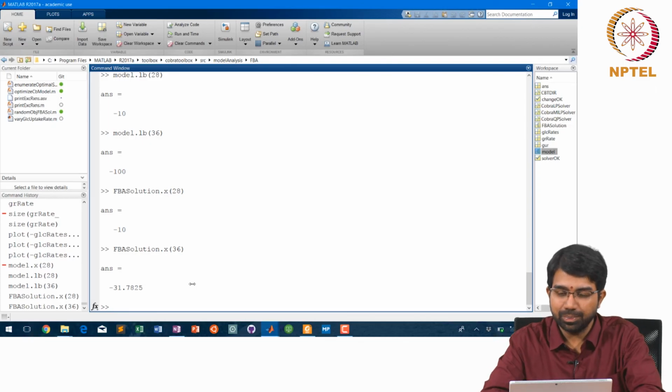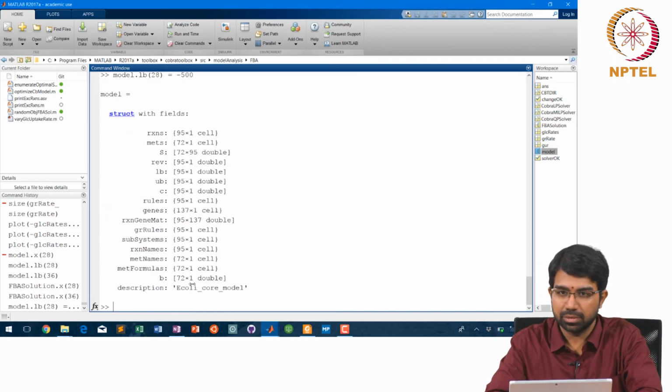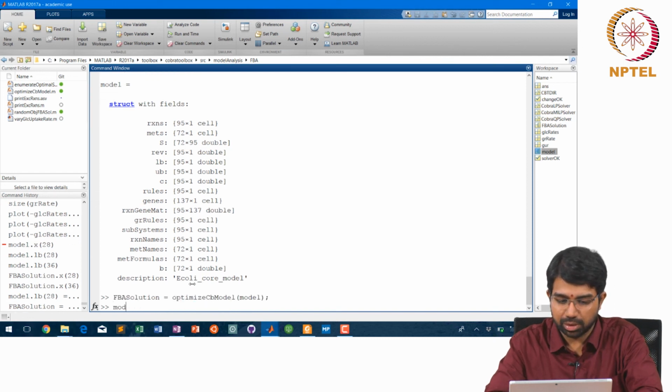But if you now say model.lb[28] equals minus 500, okay? And now let us say FBA_solution is optimize_cbmodel.